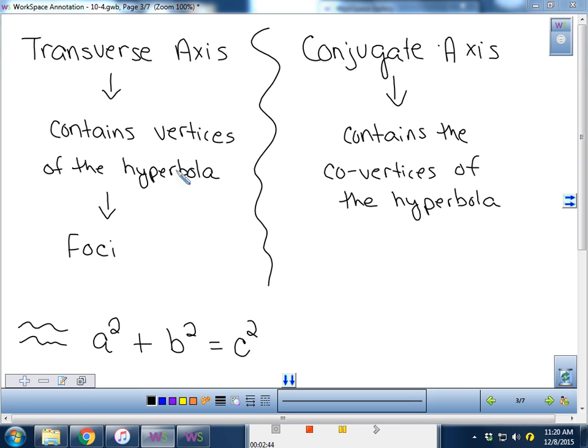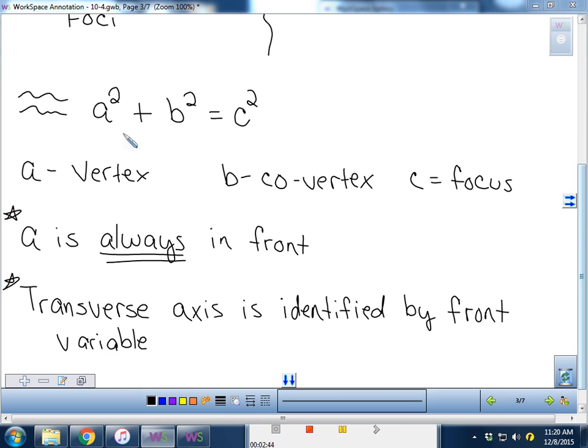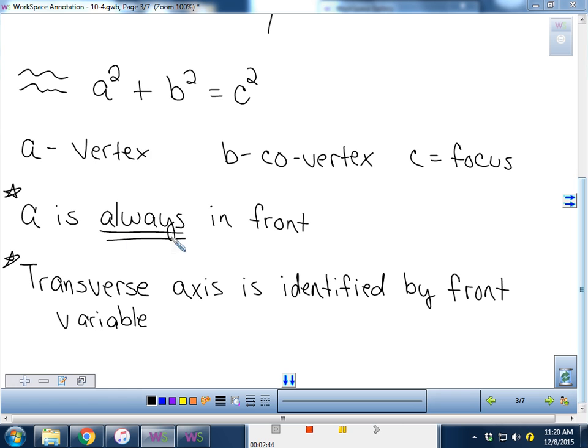That has the vertices of your hyperbola and the foci. The conjugate axis, which would be like your minor axis of an ellipse, contains the covertices. Instead of using a squared minus b squared equals c squared, we actually use the Pythagorean theorem. A is still your vertex, B is still your covertex, C is still your focus. A is always the one in front, and your transverse axis is identified by the front variable, which we just talked about a while ago.